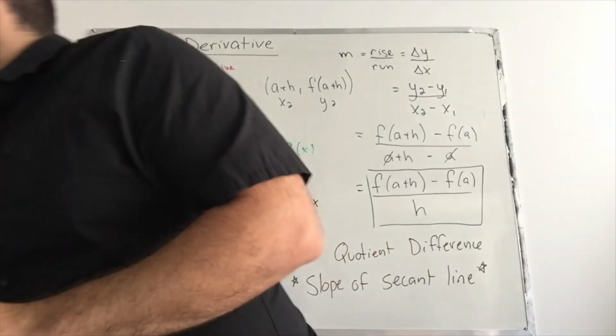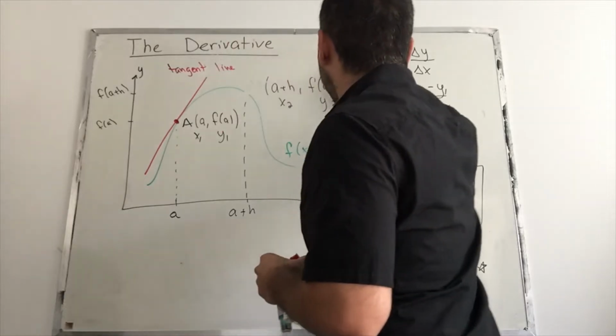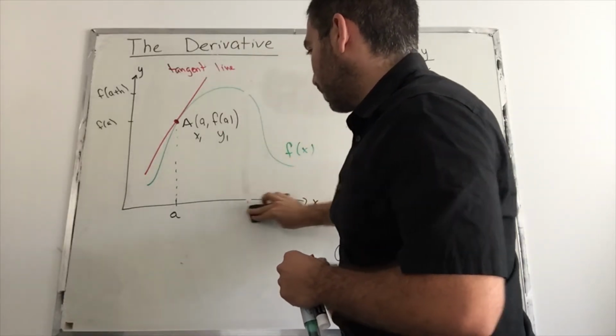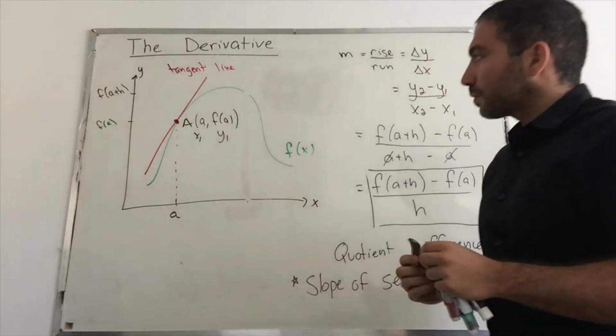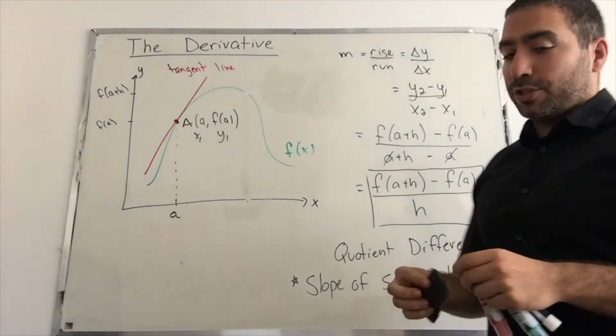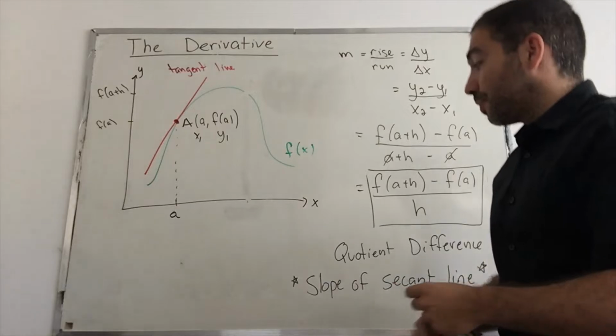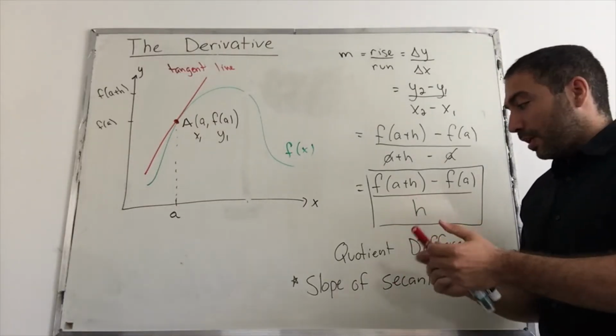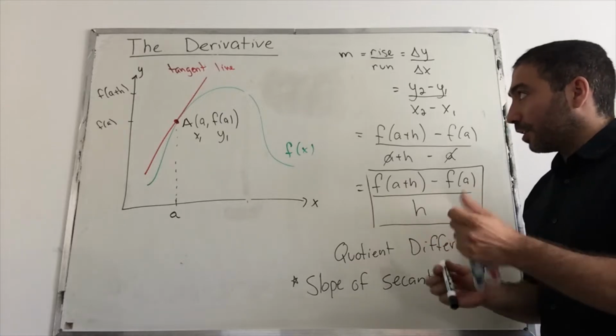And let's erase this. And we made h essentially very small. So we're taking this definition, this slope, and the equation of our tangent line.